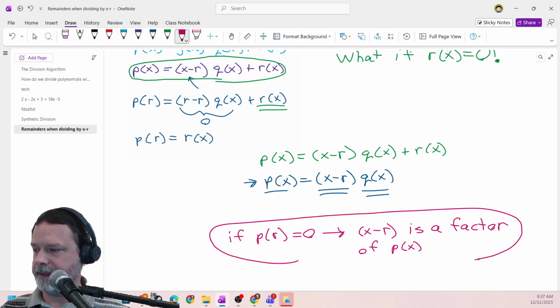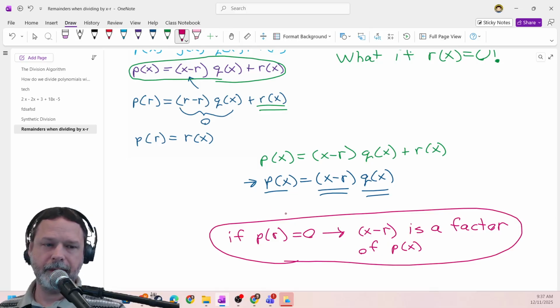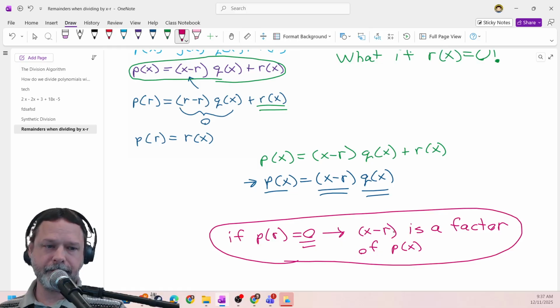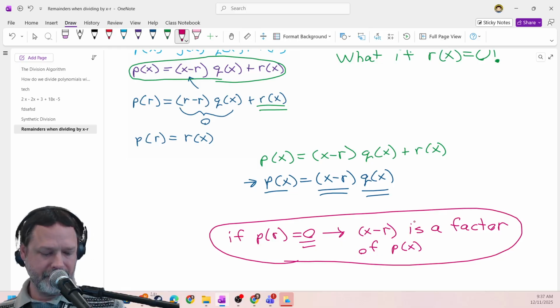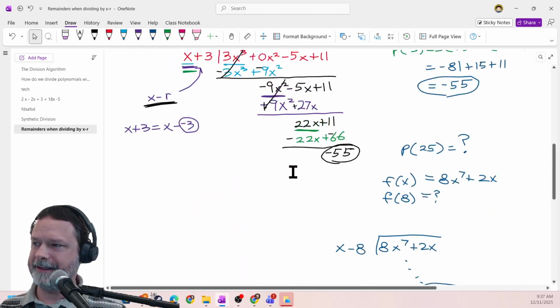And that's the last big result that we want to take away from this. If you plug a number into a polynomial and the result is 0, then x minus that number will be a factor. So that's really, really interesting. That helps us factor some larger polynomials that maybe we would have had trouble with before. If we know where a 0 is, we can do this. Okay? And so that is the lesson here.